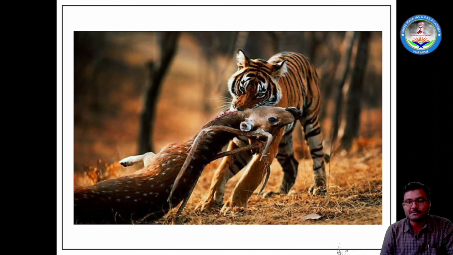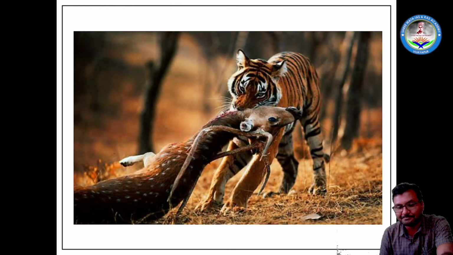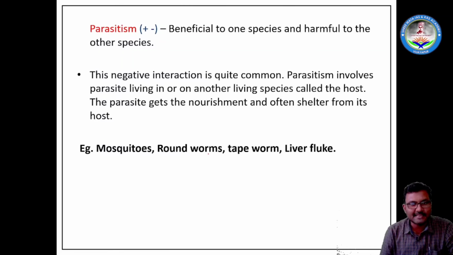The remaining 85 times, the deer wins. It is a race of life. You have to run fast, otherwise you will be destroyed. You will lose your life. That is called predation. Here, one is benefiting and the other is totally affected. Plus minus.